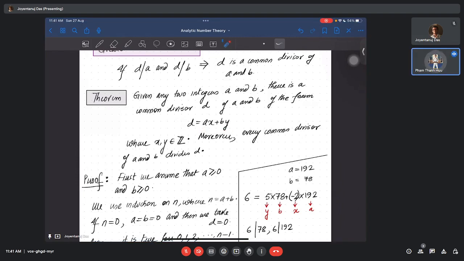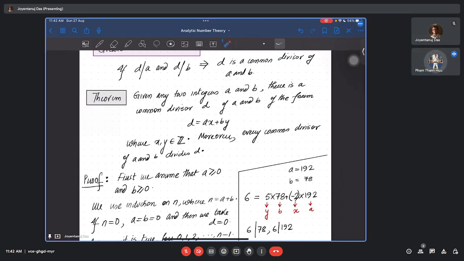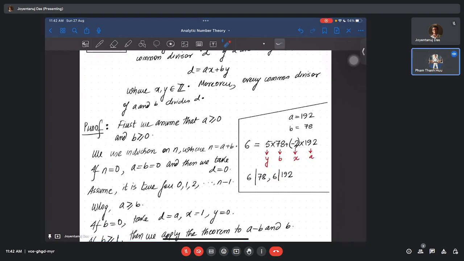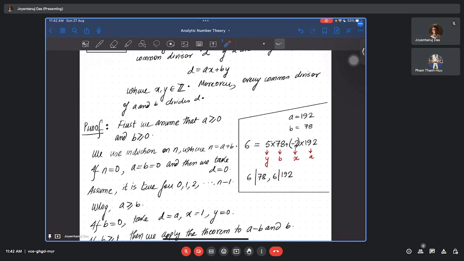But about the previous one, if you scroll up, we have a linear relation. If d is any divisor of a and b, we can express it like d equal to ax plus by, right? How?